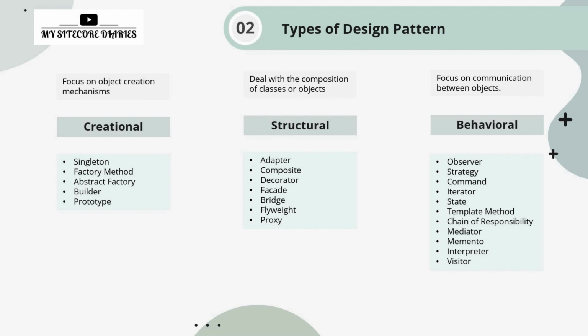Whereas behavioral ones are observer, strategy, command, iterator, state, template method, chain of responsibility, mediator, memento, interpreter, visitor. So these are the different design patterns. We are not going to see all these design patterns, but in future we are going to see a few of the most used design patterns in the upcoming videos.